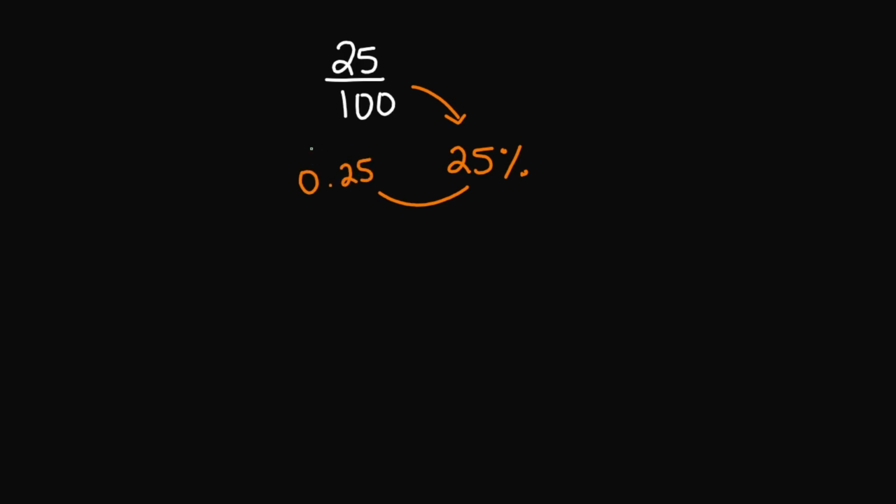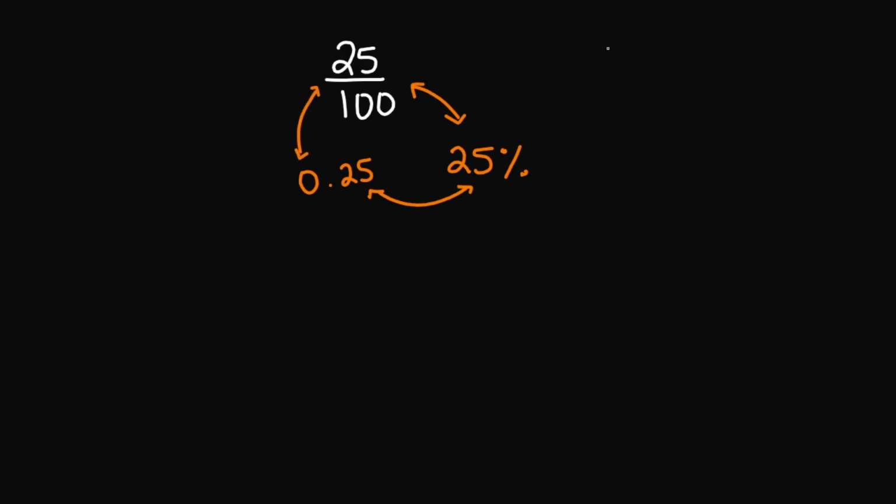So let's say we have the fraction 25 over 100. If I turn 25 over 100 into a percent, this is going to be 25%. And if I turn my 25% into a decimal, this is going to be 0.25. And then if I turn my 0.25 into a fraction, this is going to be 25 over 100.